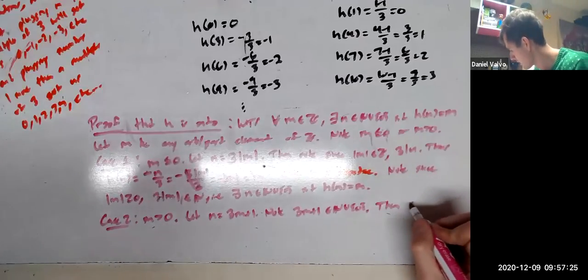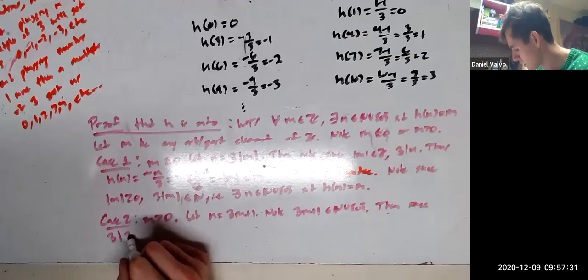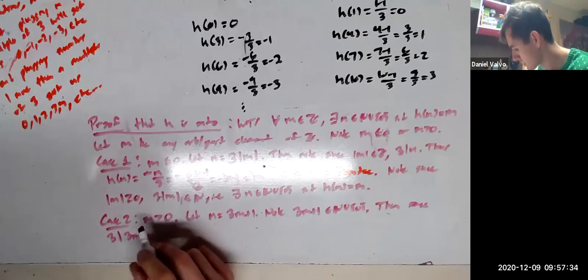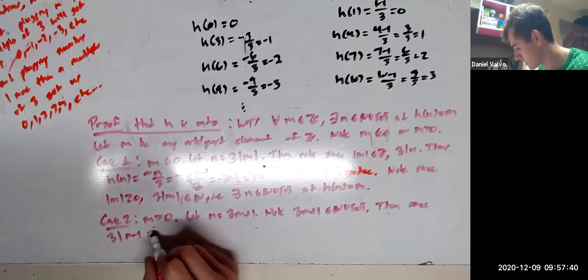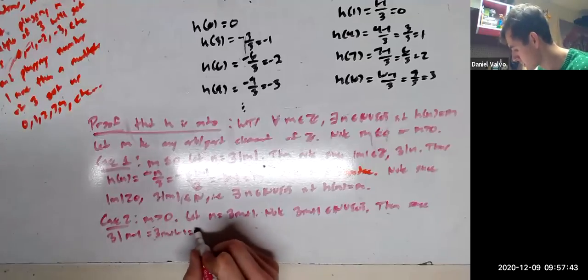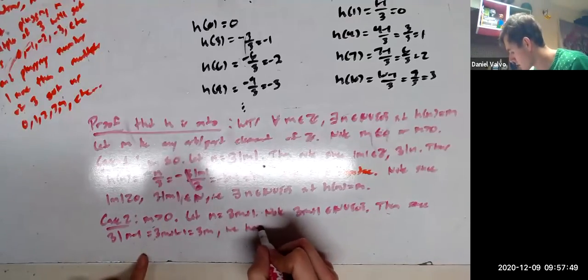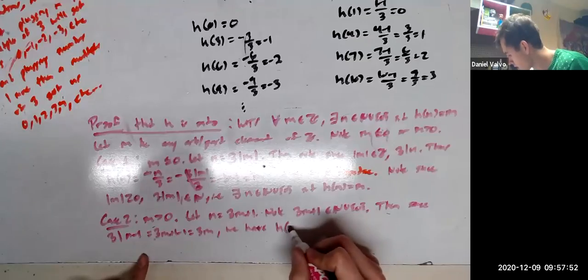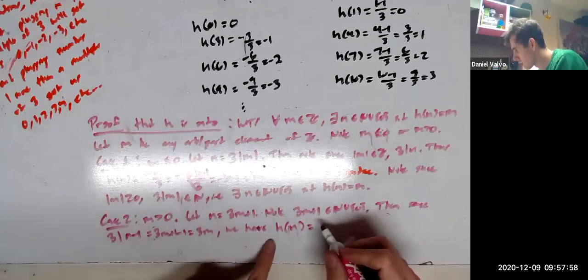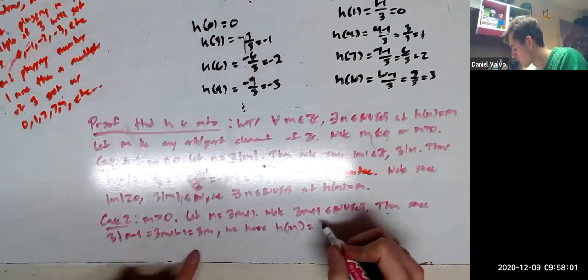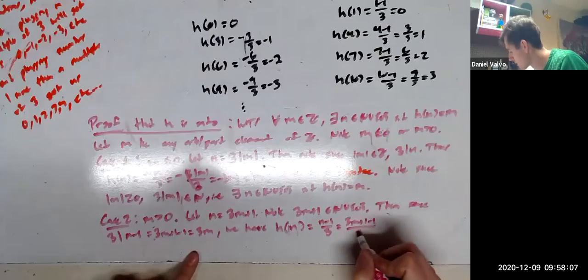Then, since 3 divides n minus 1, which it does because this is going to equal 3m plus 1 minus 1, which equals 3m, we have h of n is going to equal, we're in this case now, n minus 1 over 3, which equals 3m plus 1 minus 1 over 3.